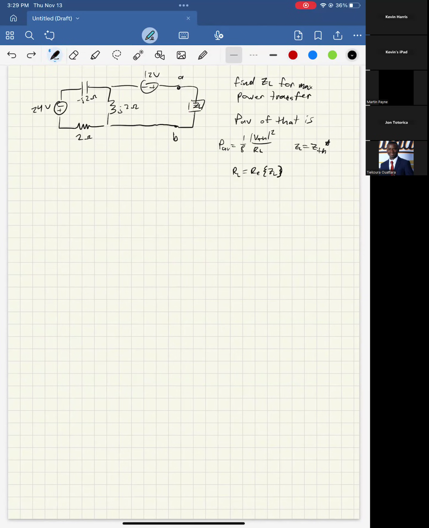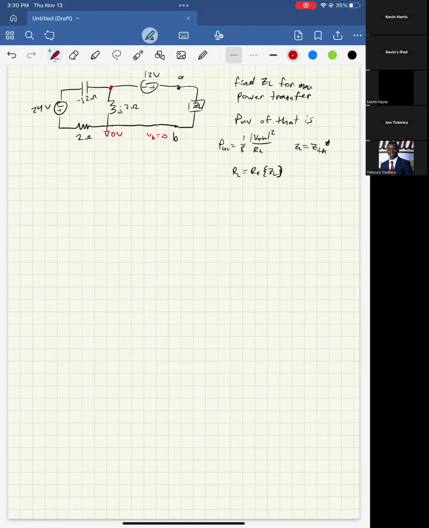So we want to find our VA and VB, or we want to find our VAB. I will think of this as having this point at the bottom here. Let me connect that so it's clear. Okay. I'll think of this point at the bottom as 0 volts so that we know that VB equals 0.